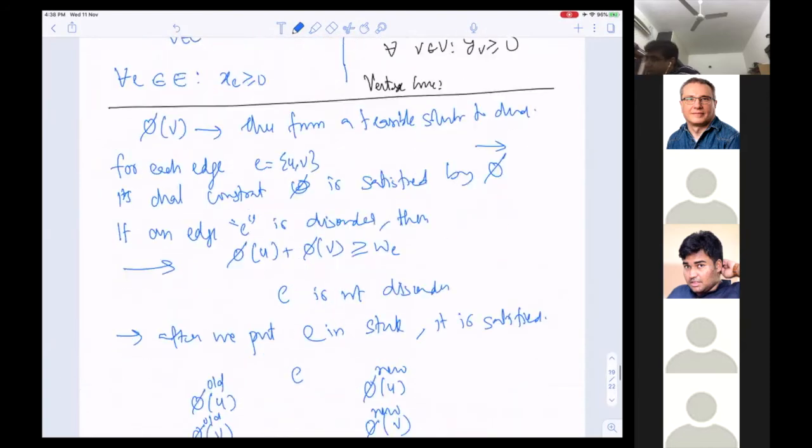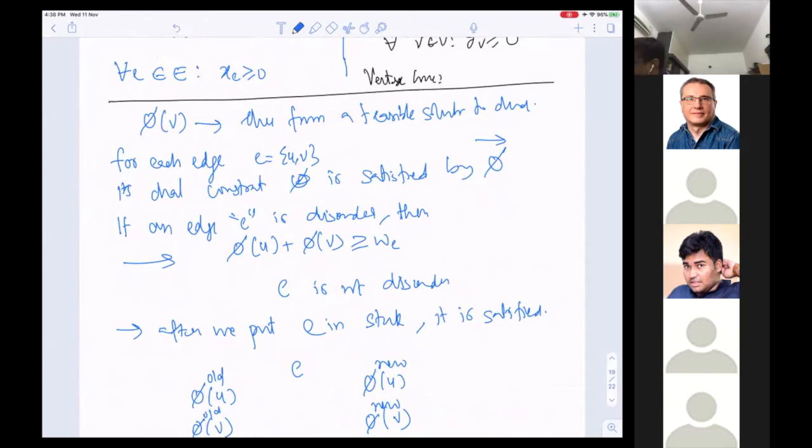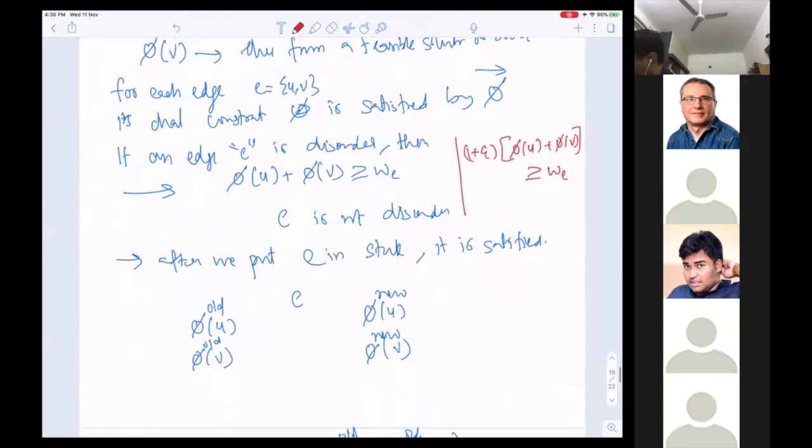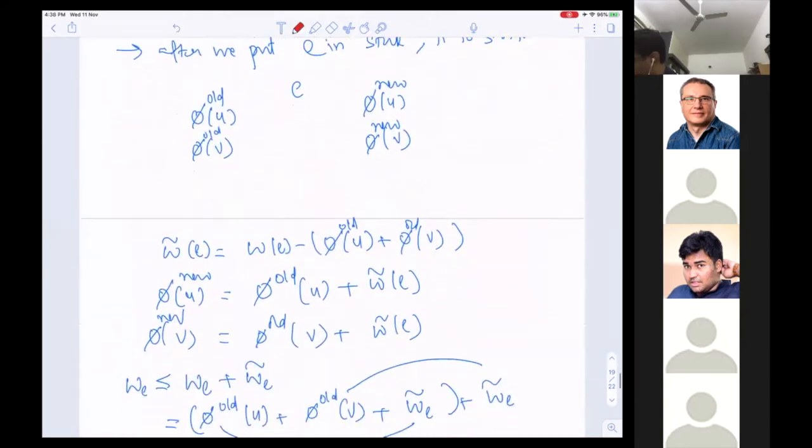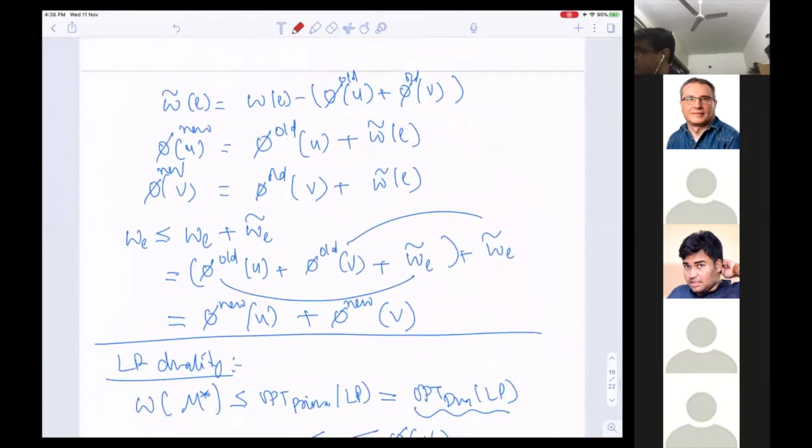If edge E is discarded, why is it discarded? Because in this case, 1 plus epsilon times phi U plus phi V is at least the weight of E. So this is definitely satisfied. Now if I go here, I do whatever I did here, W prime and everything. But now, what do I know? I will still get the fact that, okay, this is fine.